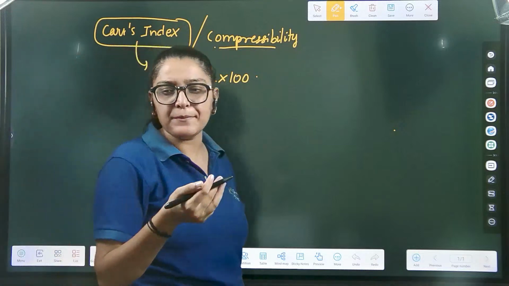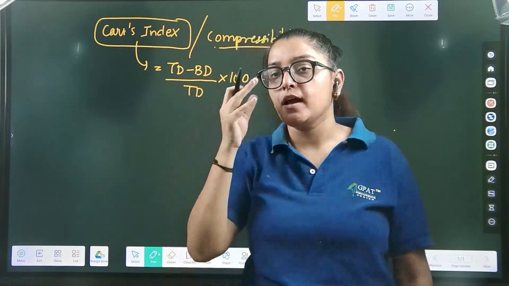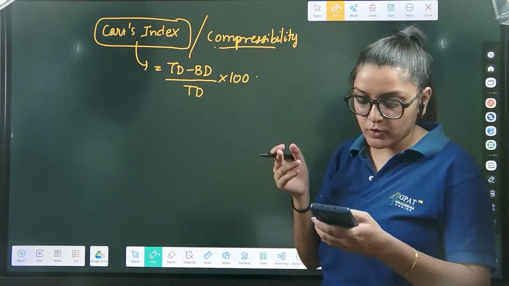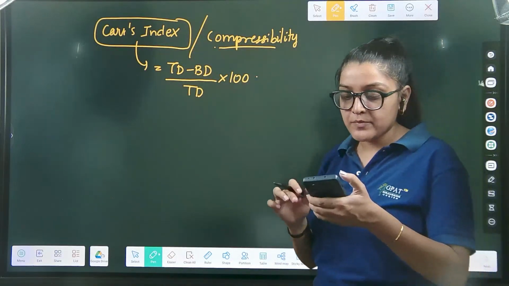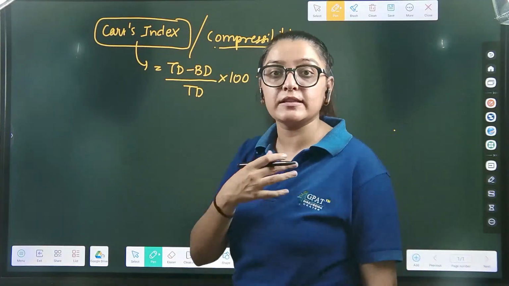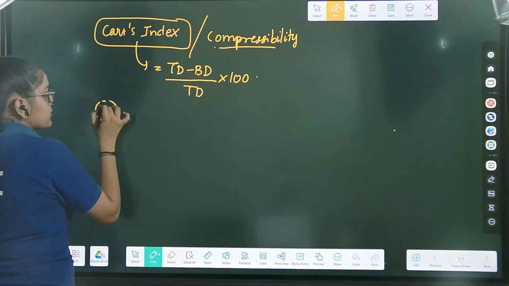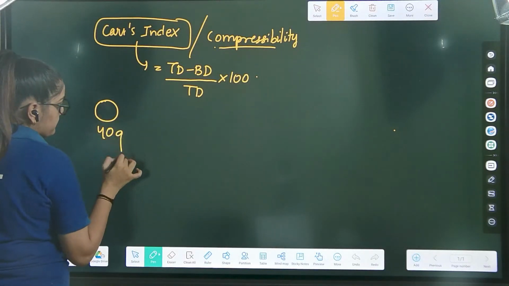What is this tap density? What is this bulk density? From the name, bulk and tap, most of you should have understood this by now if you have done this practical in your labs. Suppose I give you a powder that weighs 40 grams.